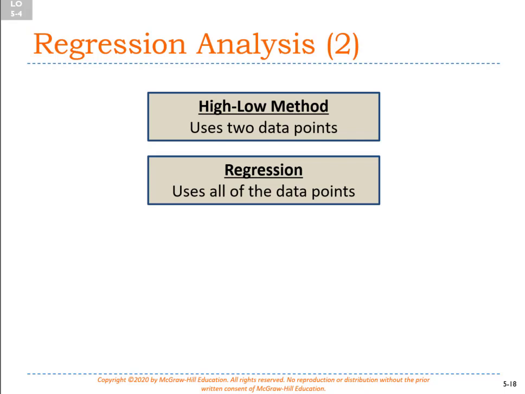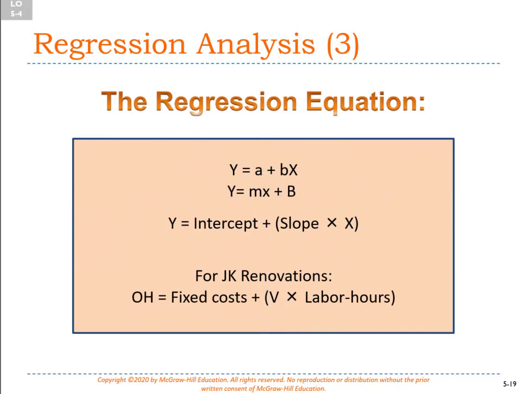Okay, so here's the equation that we're trying to work on. You may recognize this y equals mx plus b as the equation of a line. You may have learned in a math class. Don't worry if you haven't. This is how it's presented in the textbook.